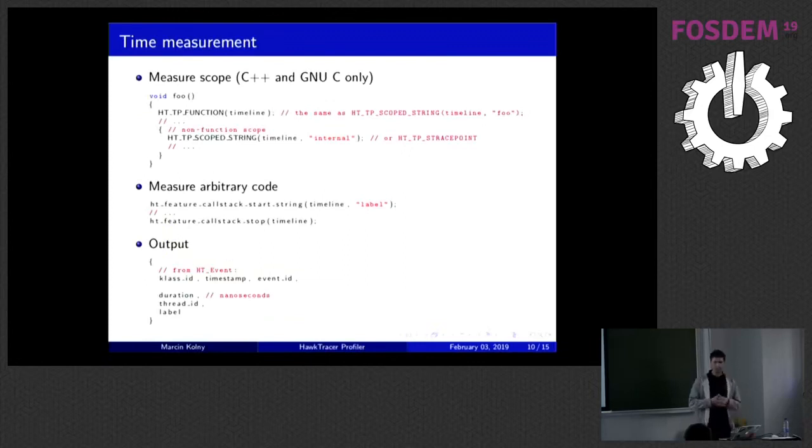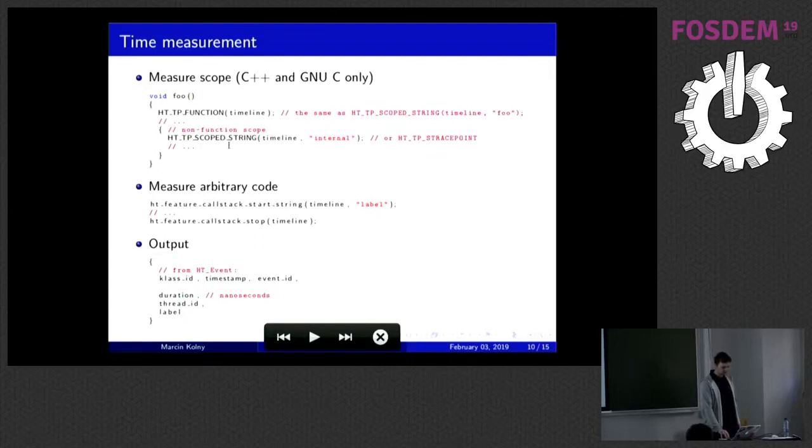Our most common use case is to measure the time spent in a function or time spent in a scope. So we've also introduced some helper macros that allow you to measure the time we spend in a scope. There's HT_TIMED_FUNCTION that takes a timeline pointer as an argument, and it basically measures the time spent in the foo function.